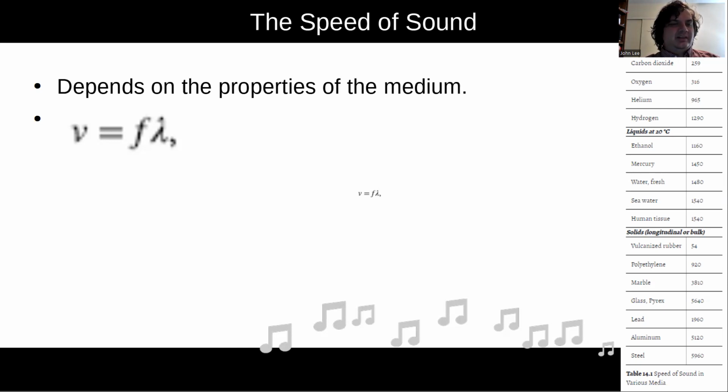If it repeats 2,000 times in 1 second, then it has a frequency of 2,000 hertz. And the wavelength is how long it takes to repeat in space.